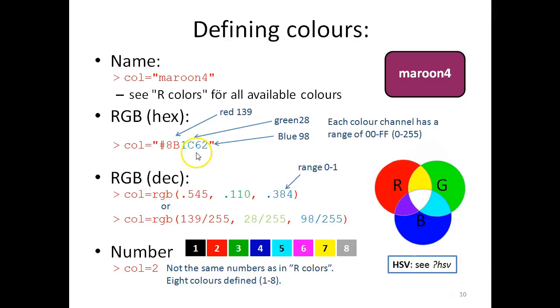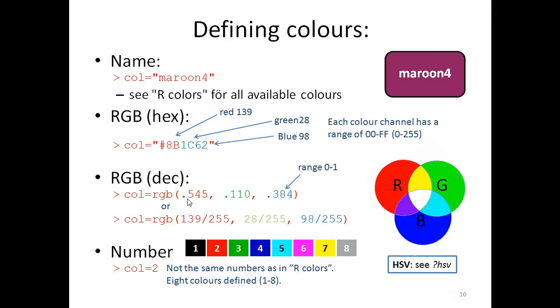Fortunately, there is a command that lets you provide the RGB codes in decimal form instead, and that command is called rgb. So instead of giving the color codes in this way, you can write color equals rgb and then the color codes, and they are not provided here ranging from 0 to 255, but from 0 to 1.